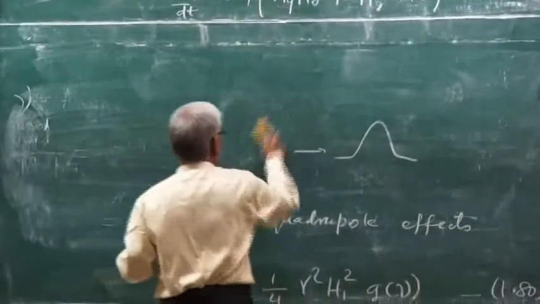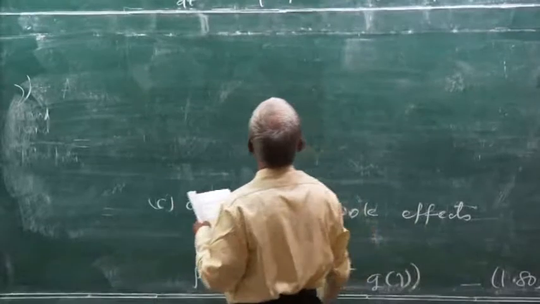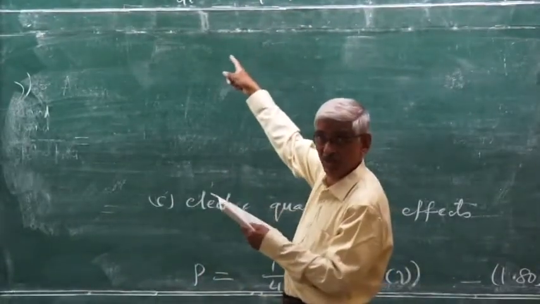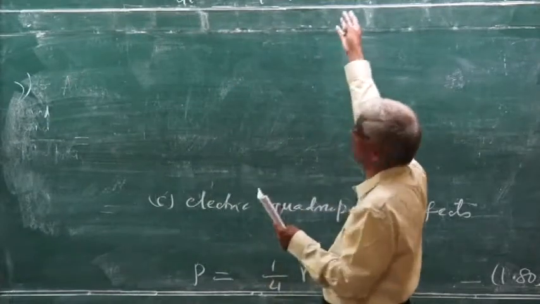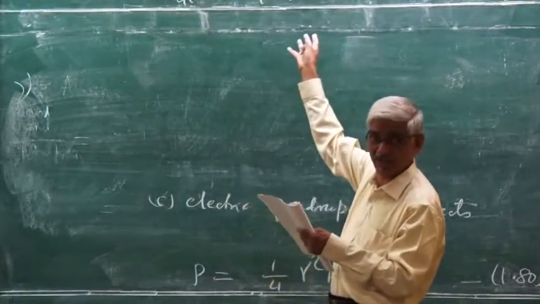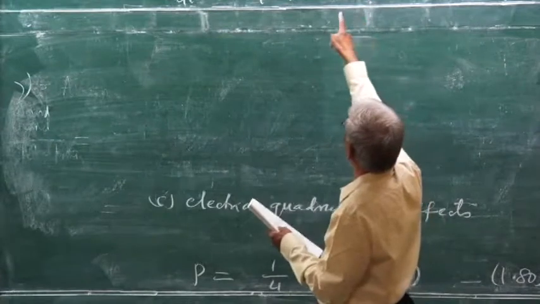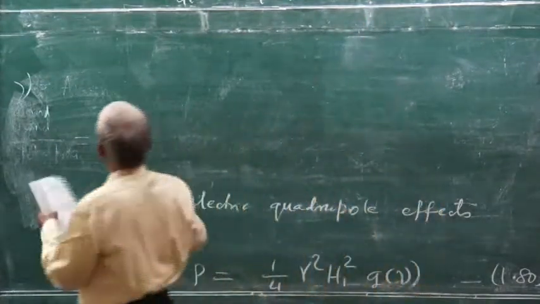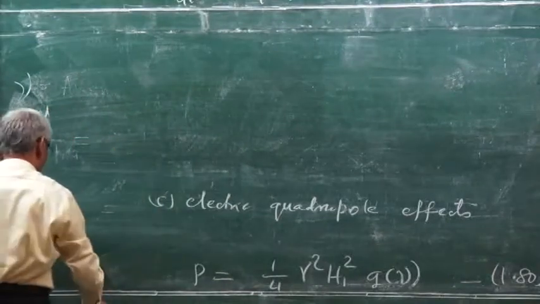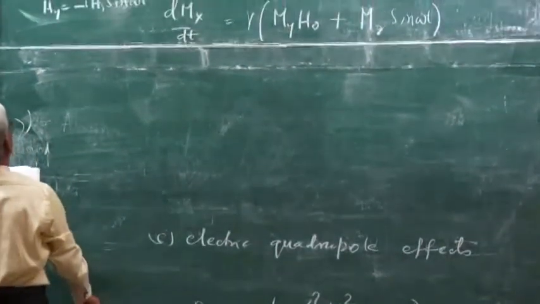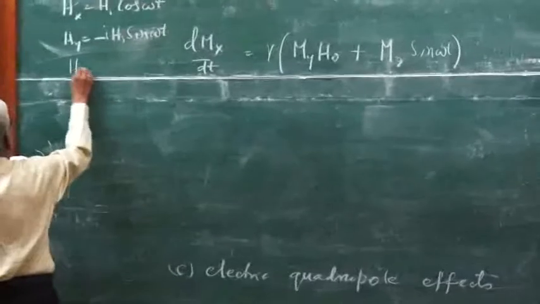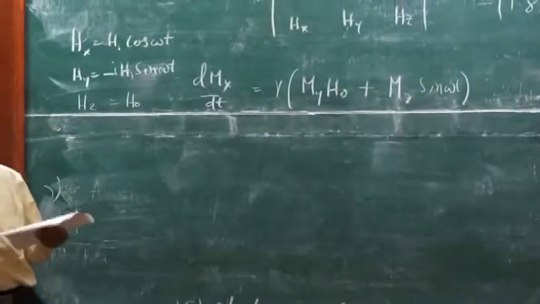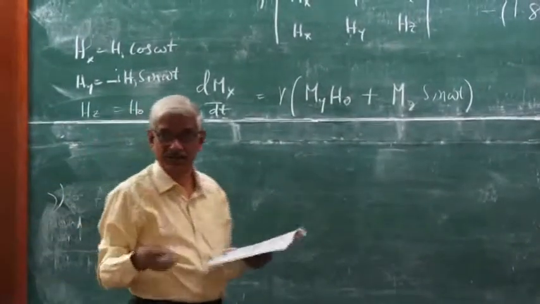And H0 is here, no? My H0. So I am expanding that determinant. See, Hz is H0, because along the z-axis you only have the H0 field.